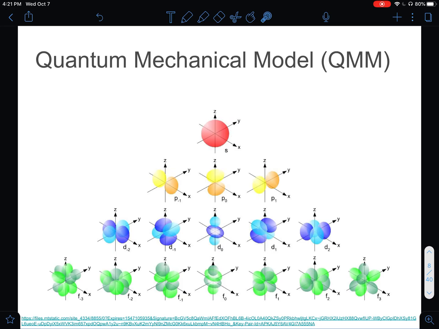However, the quantum mechanical model is a much better representation of what the atom actually looks like, or the area that an electron can live within the atom. And we use different quantum numbers to help us identify where exactly the electrons are flying around, depending on the atom and the number of electrons.